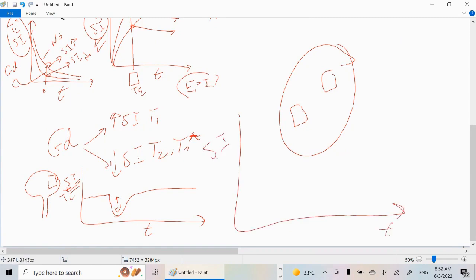This is the hyperperfused voxel, and that is the low perfusion voxel. We will call the first voxel 1 and the second voxel 2. What will happen? With hyperperfusion, the signal will drop significantly. The drop will be like this.